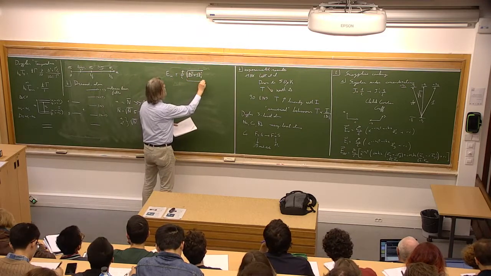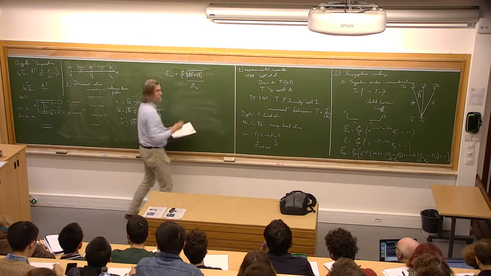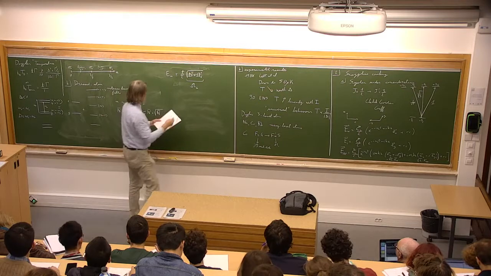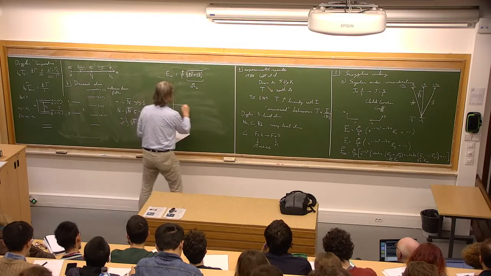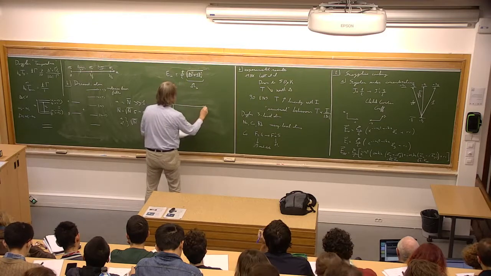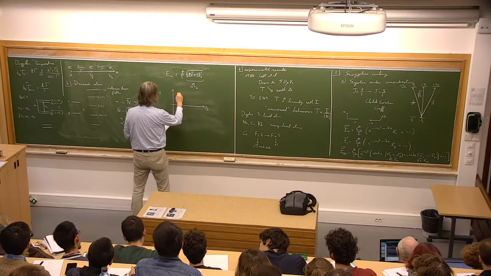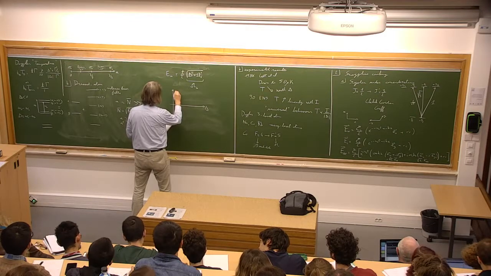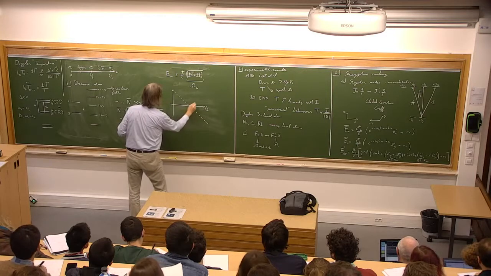Sometimes this is called the generalized Rabi frequency. If you plot the energy as a function of the detuning, you will have the bare levels going like that.